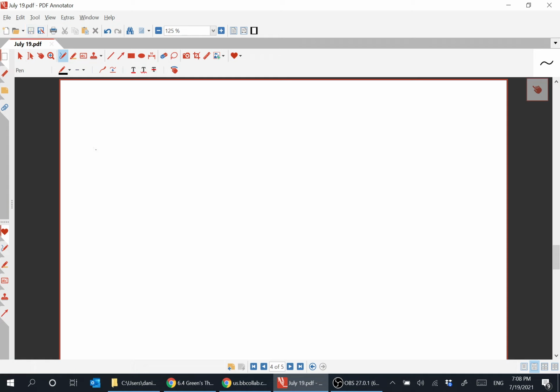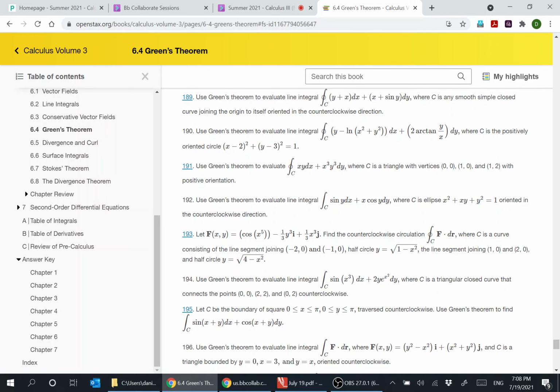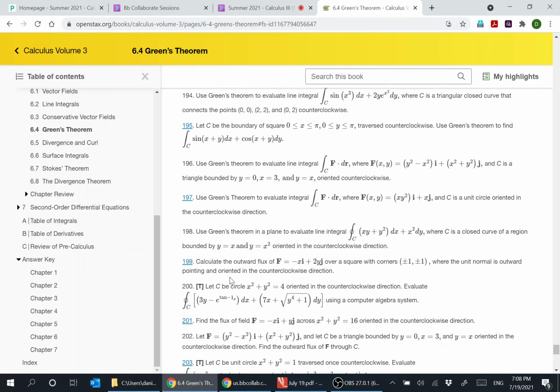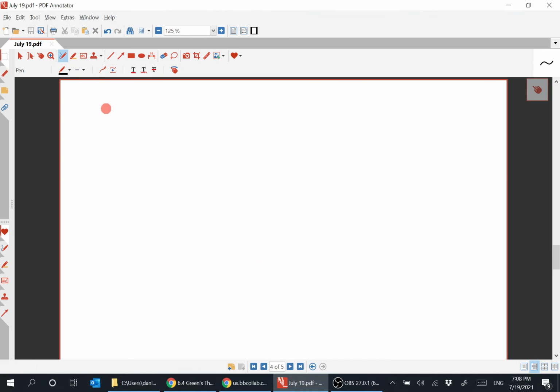Now, 201 and 204 are about this other type of line integral, which we're not going to do.